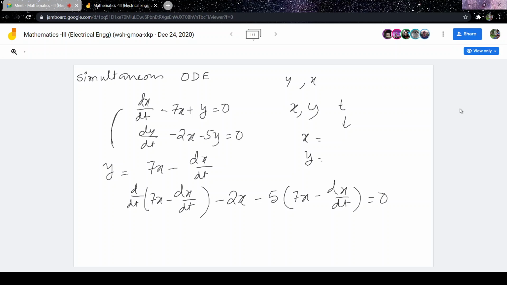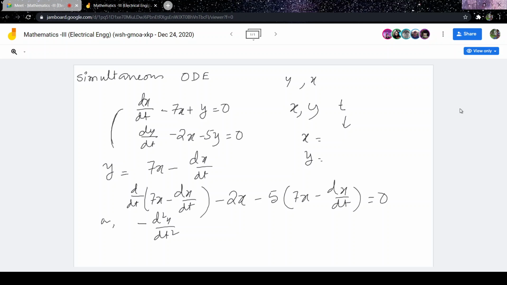In some equations there may be some functions of t. Or you will get a second order differential equation, and probably you will be able to solve this kind of equation. If I operate d/dt on this, this will be 7 dx/dt minus d2x/dt square.